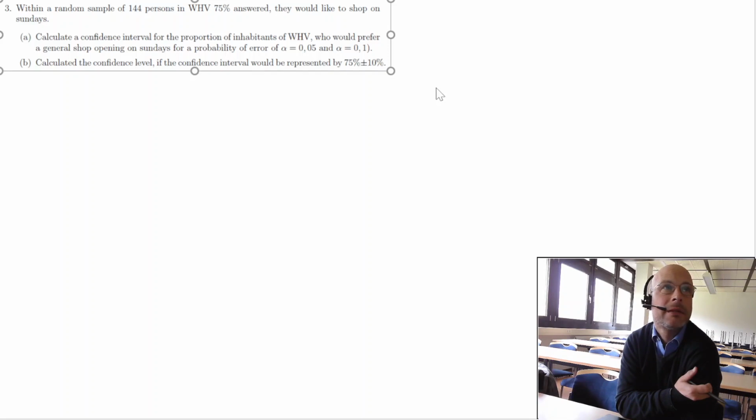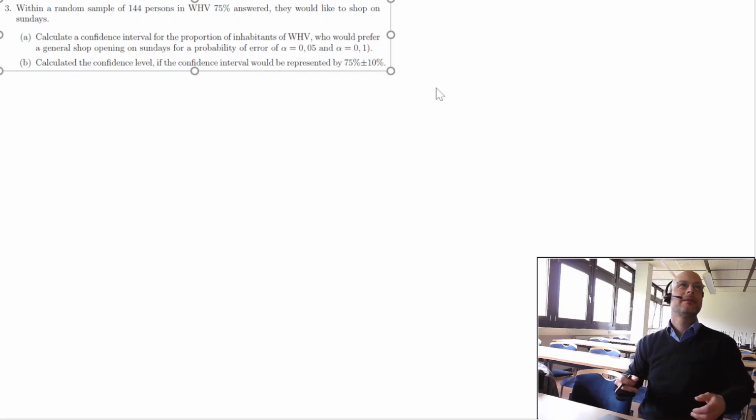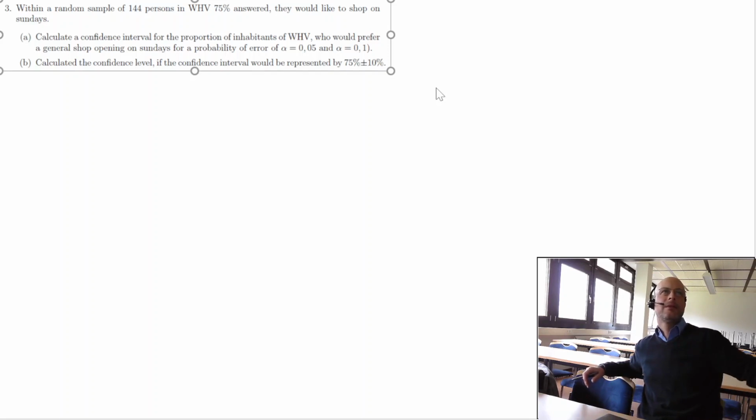Wilhelmshaven is a city with around 80,000 inhabitants. So this would be our parent distribution, and we have a sample size of 144. So the relative sample size is 144 divided by 80,000. This is of course less than 5%.